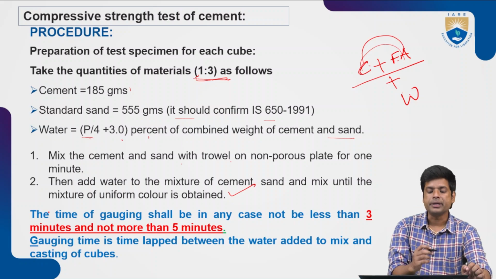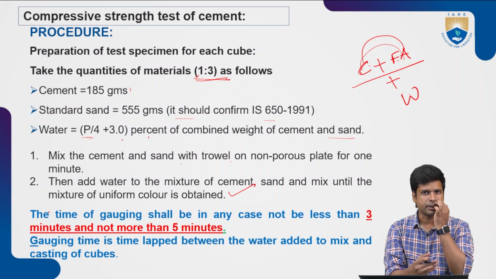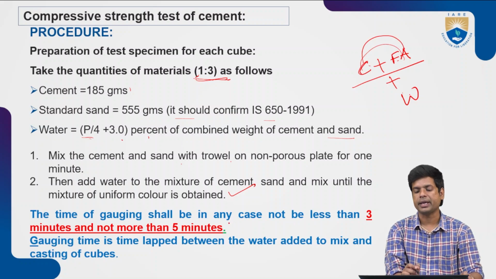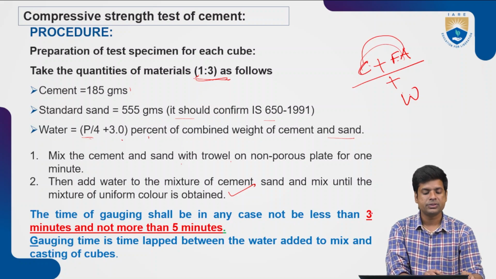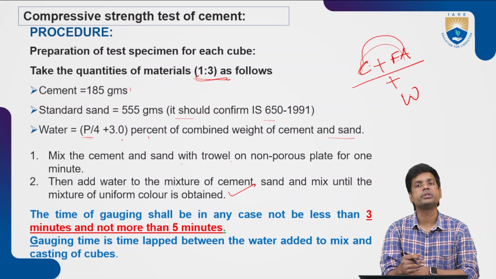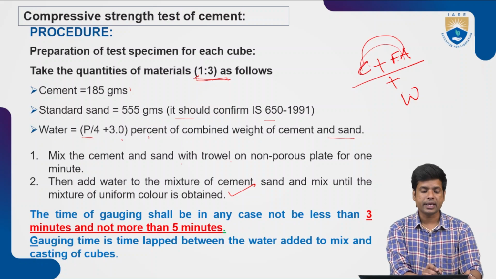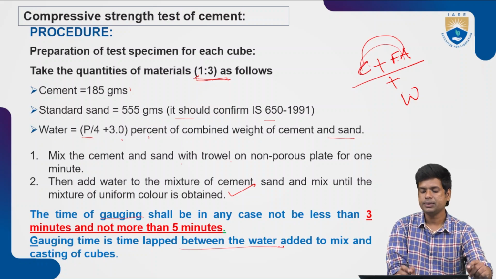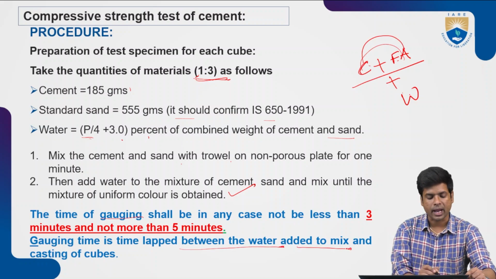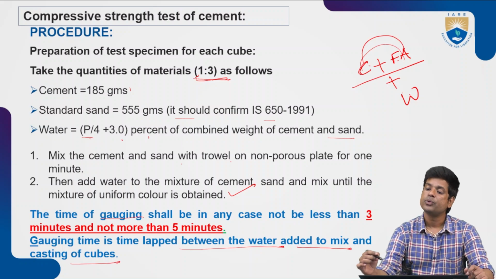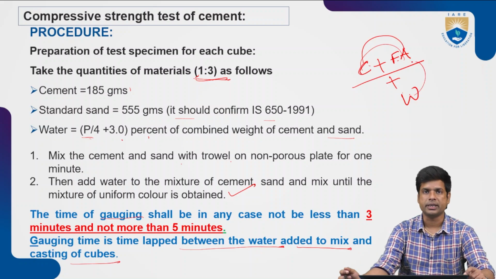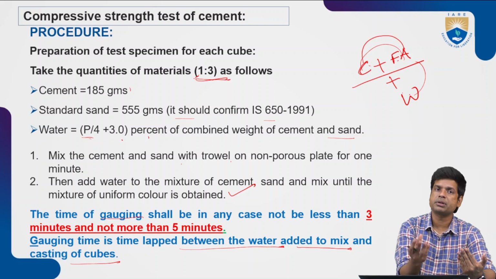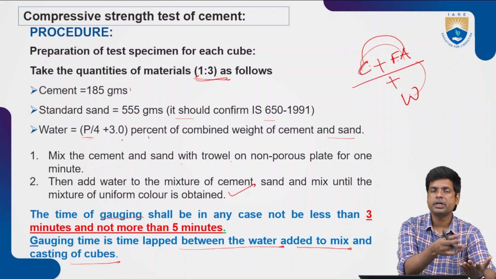Next, whenever you mix the cement and fine aggregate with water, the time of gauging should in any case not be less than 3 minutes or more than 5 minutes. Gauging time is the time elapsed between adding water to the mix and casting of cubes. When you add water to the cement and fine aggregate, we note down the time, and after mixing we place the cement mortar in the cube.